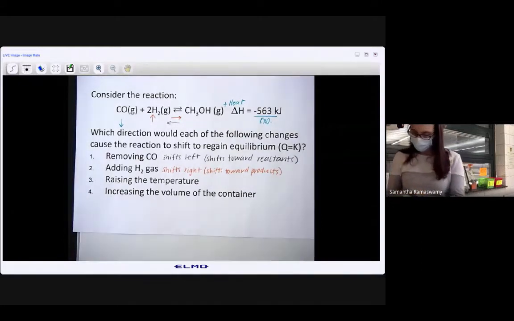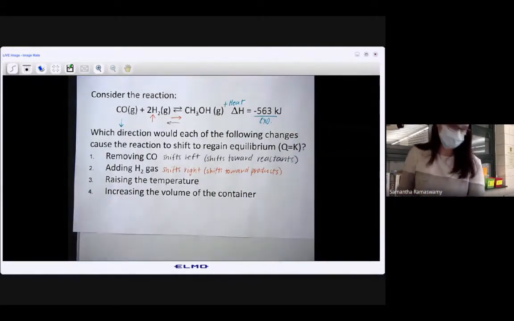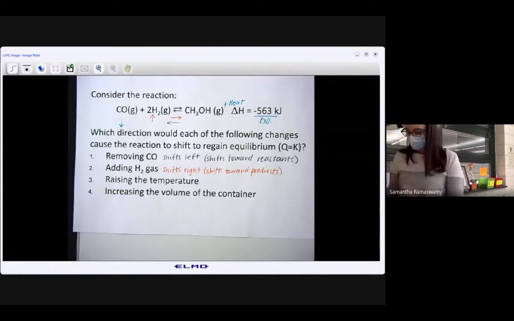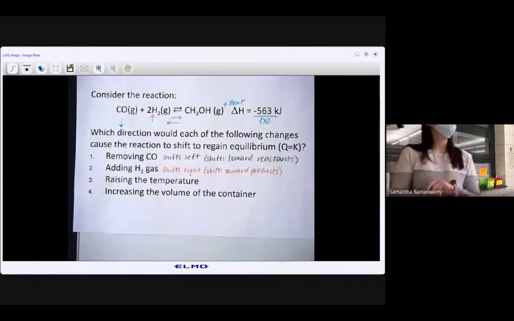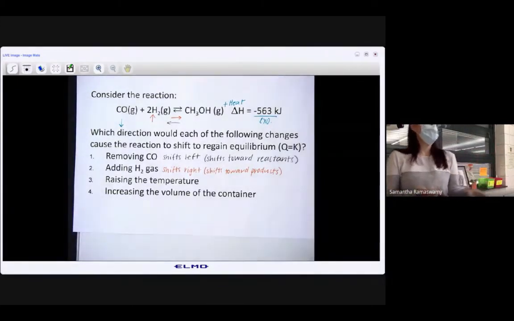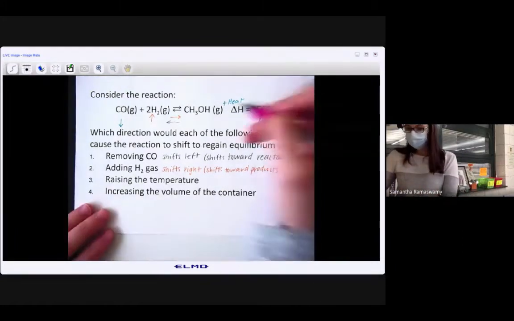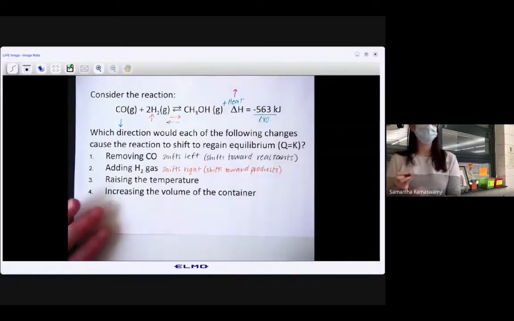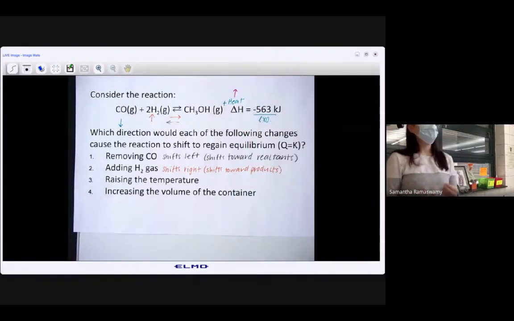Now, raising the temperature. So this is why adding heat was important. I'm going to try to use different colors for every scenario. Raising the temperature means you're adding heat. When you raise the temperature of something, you're adding heat. So I wrote plus heat over here. If I am adding heat, that's like adding a product. So if you think about being at equilibrium, now we've added more product. Now we have too much product compared to reactant.